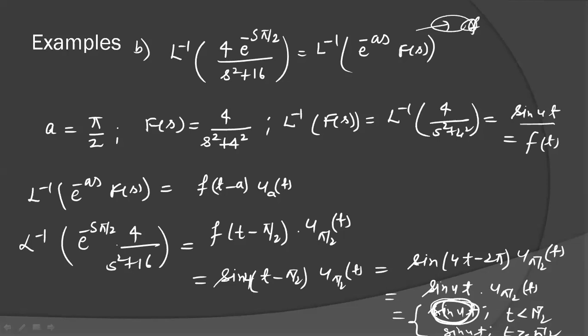This value is 0 because u_{pi by 2} will become 0 below pi by 2. You can calculate it: this can be written as sine (4t minus 2 pi). Now sine of (minus 360 minus theta) is minus sine theta, so it will become sine 4t. I am giving one example as your homework.